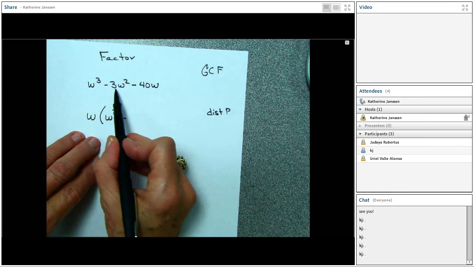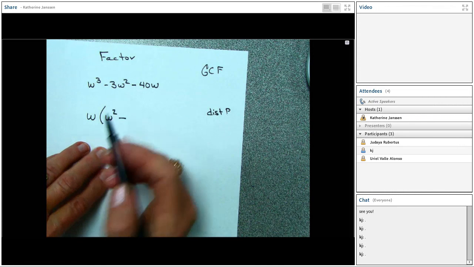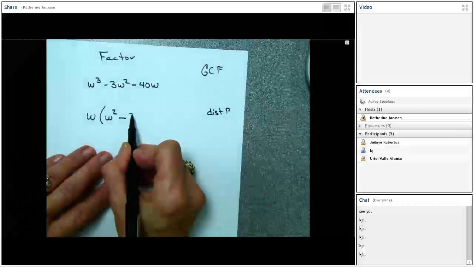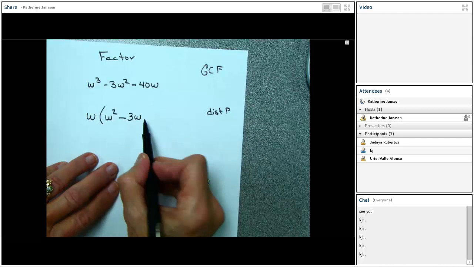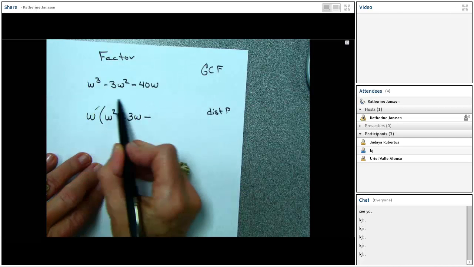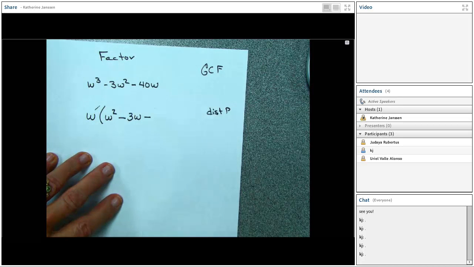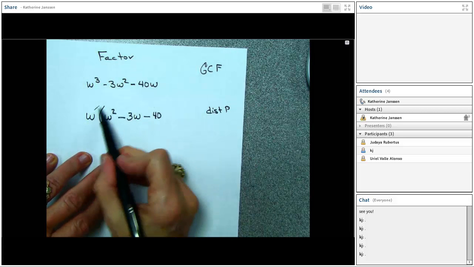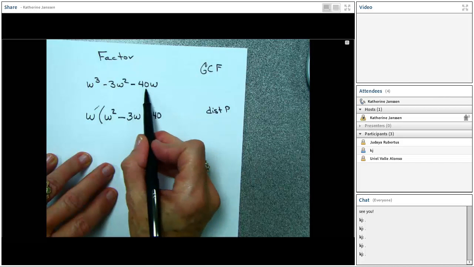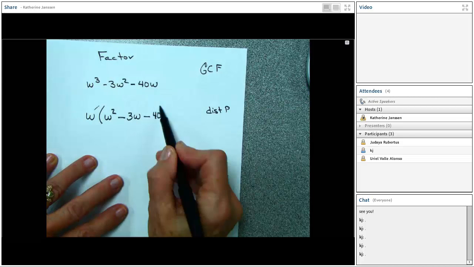W times what would give you 3W squared? 3W. Pick up your sign. And W times what would give you 40W? 40. We're trying to match above. Yep.